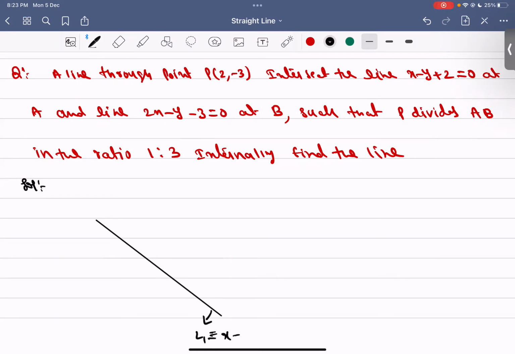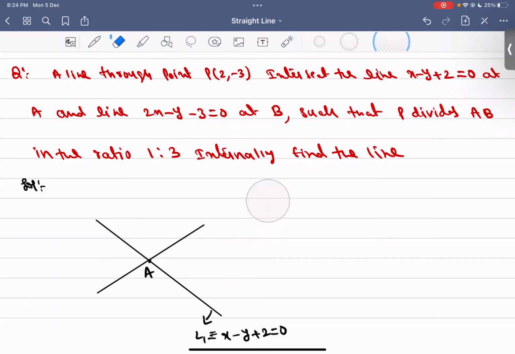L1 is x - y + 2 = 0. The line which passes through point P(2, -3) intersects this line at A. So this is A.